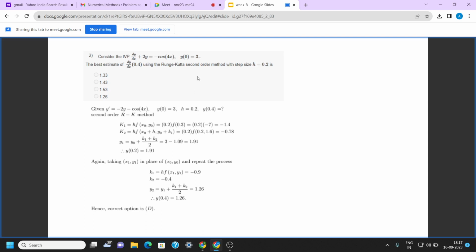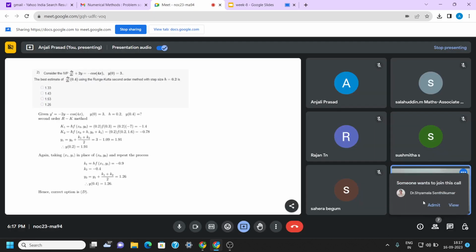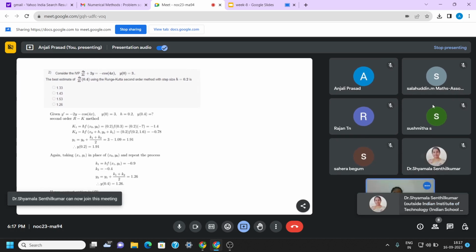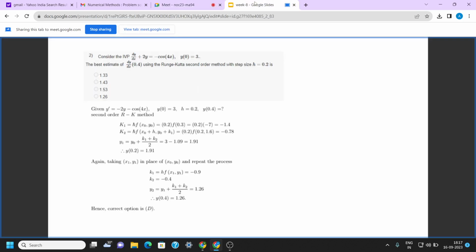So you get 3 minus 1.09. Okay. So when you subtract it, 3 minus 1.09, you will get 1.91. Fine. Therefore, y of 0.2 is 1.91. See, are you getting y of 0.2 as 1.91?